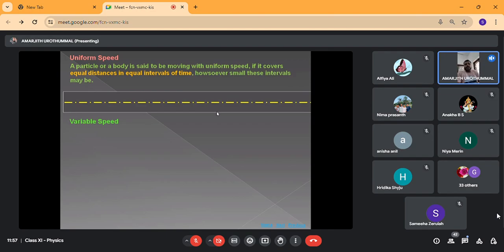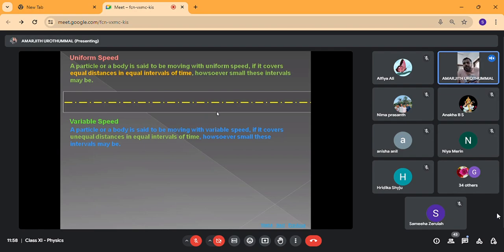Now moving to the next case, there is variable speed. Can anyone tell me what is variable speed? Speed will be variable. So that means unequal distance in equal intervals of time.